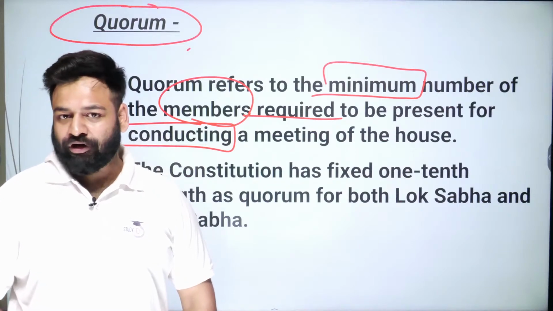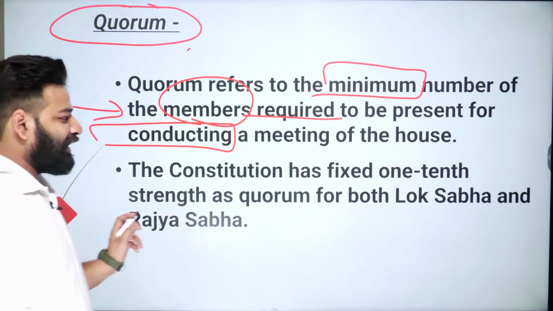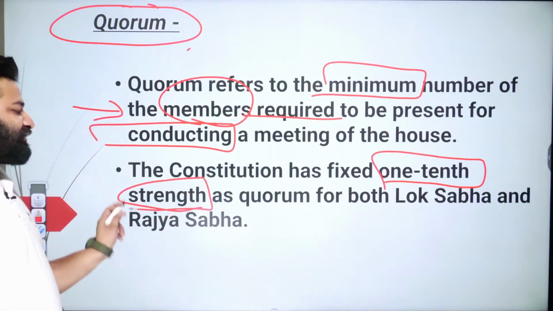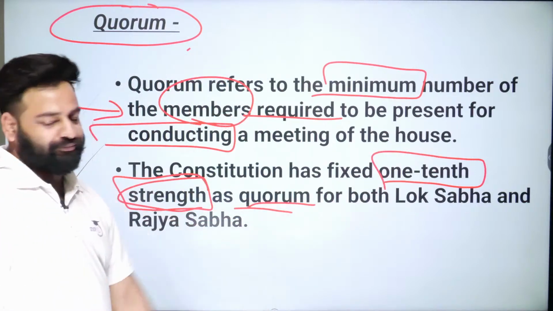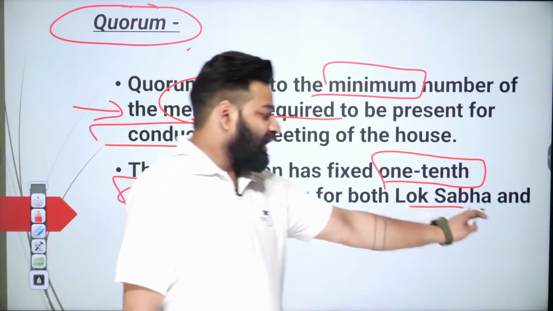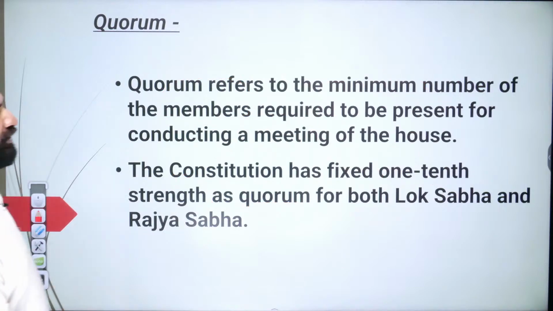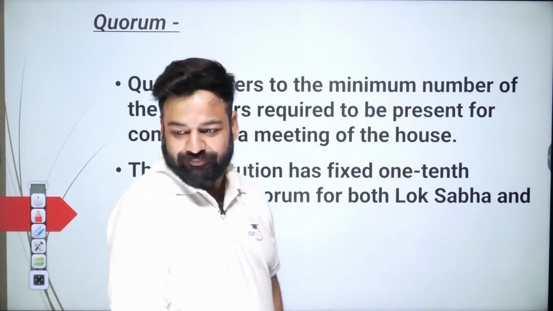And that is 1/10 strength as quorum for Lok Sabha and separately for Rajya Sabha. So this is the number of members required.